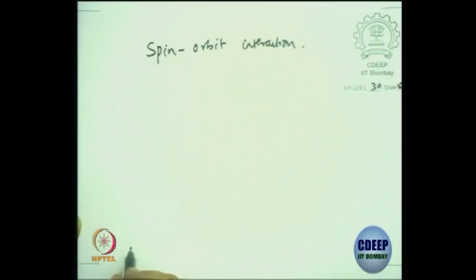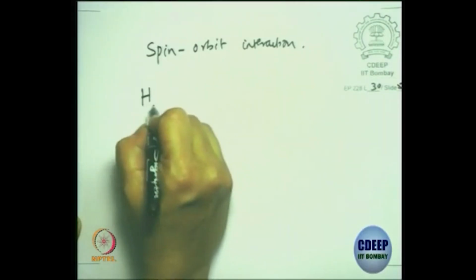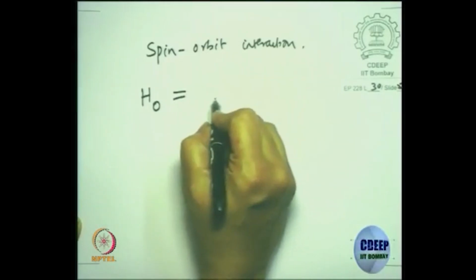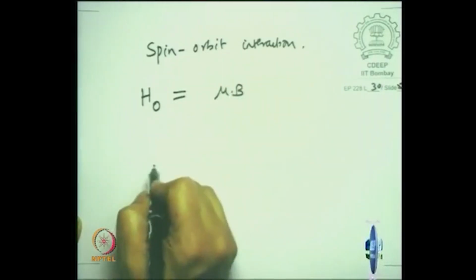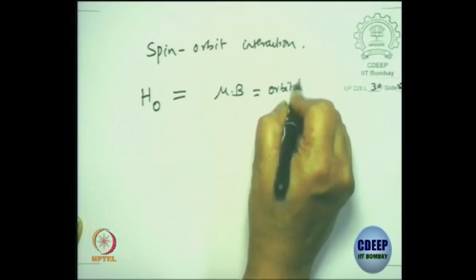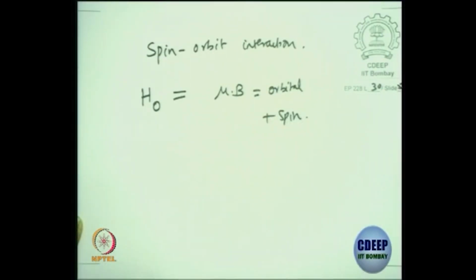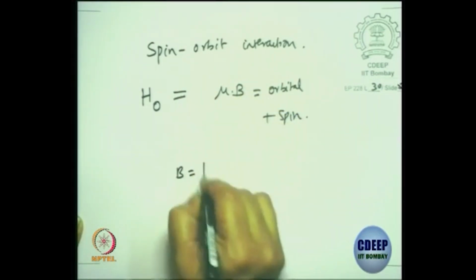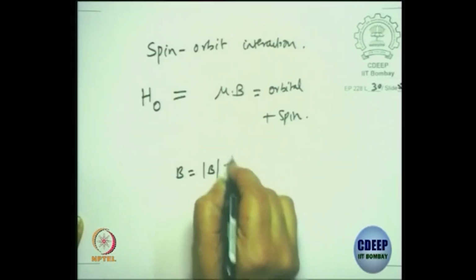So typically your Hamiltonian to start with, let me call the initial Hamiltonian, is mu dot B, which could have an orbital piece plus a spin piece. Let us take B along the Z direction, B to be mod B Z cap.